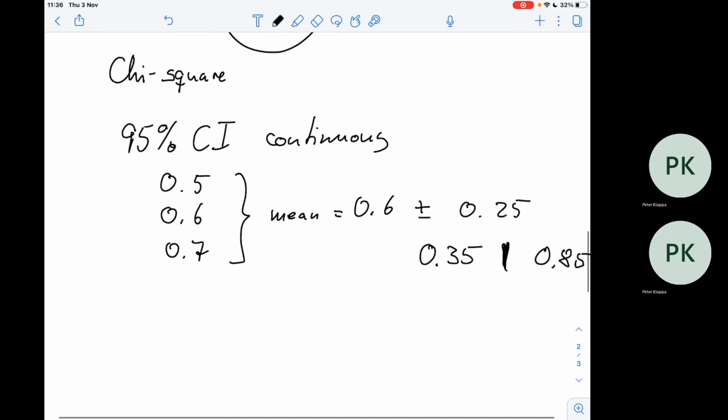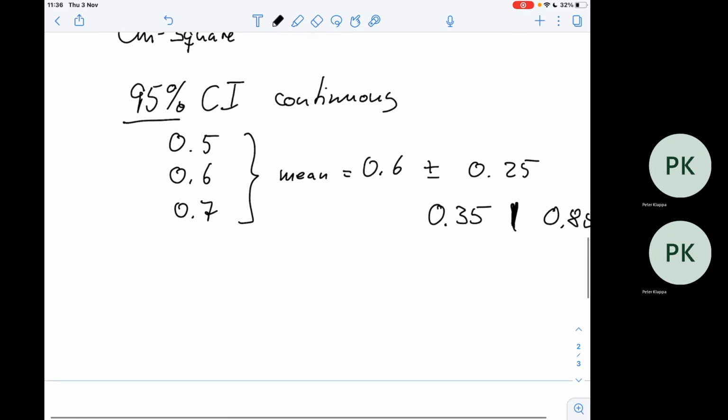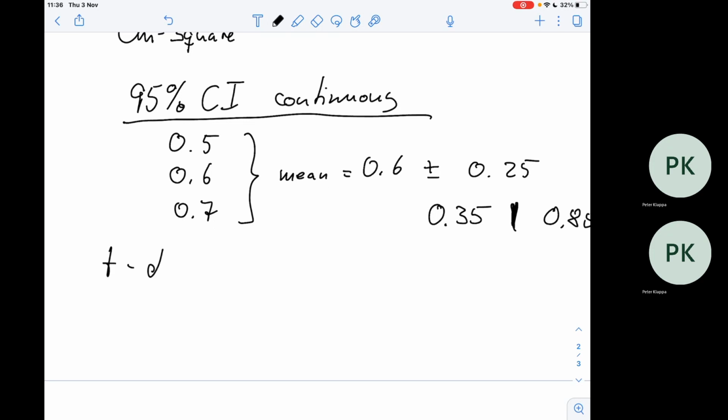What is the restriction actually for this distribution, and this follows actually a t distribution. The restriction for the t distribution is we can only realistically use it if it is continuous data.